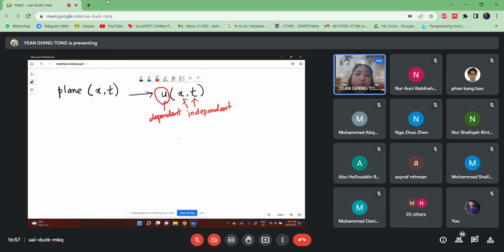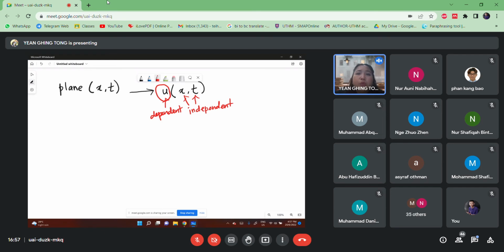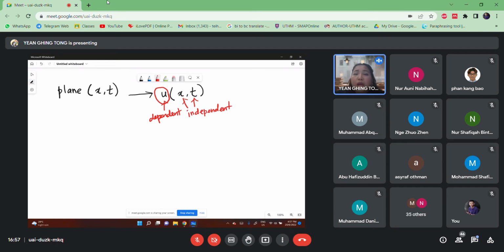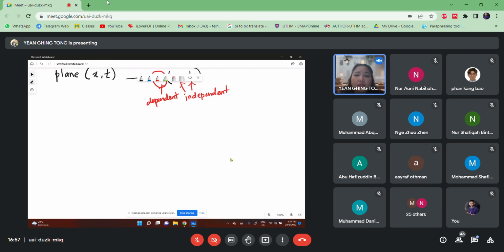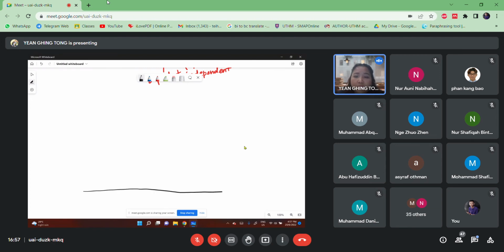Just now I mentioned that we will have to find the value at the grid. So the grid is like this. As I draw, let's say we have an x like here. This is x, and let's say this is t.